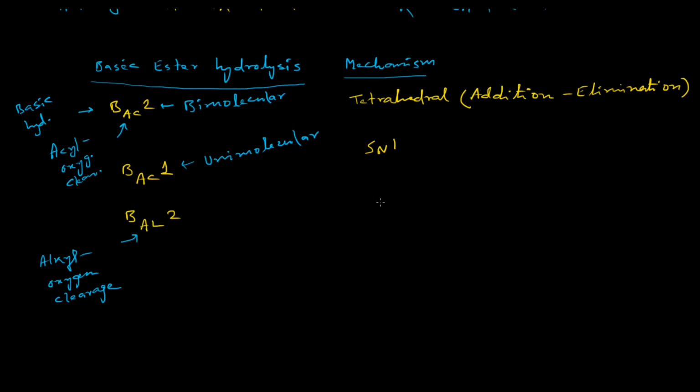And here the reaction will proceed via the SN2 pathway. And the last one is BAL1, and it will proceed via the SN1 mechanism. So these 4 types of mechanisms are present in case of basic ester hydrolysis.